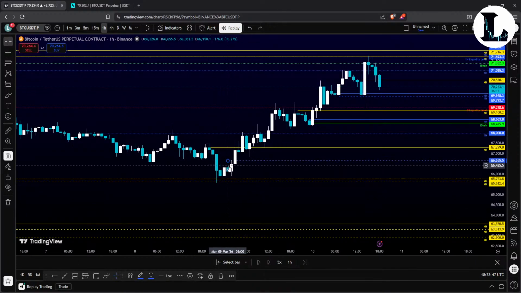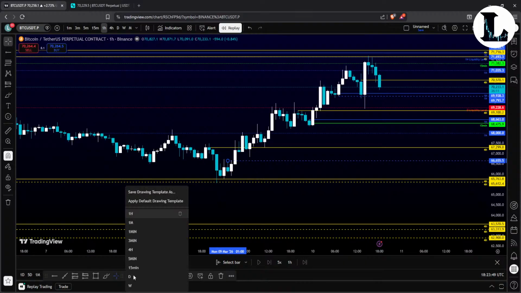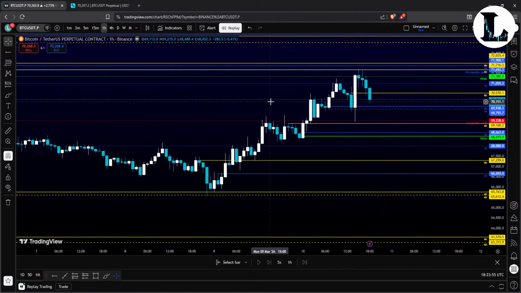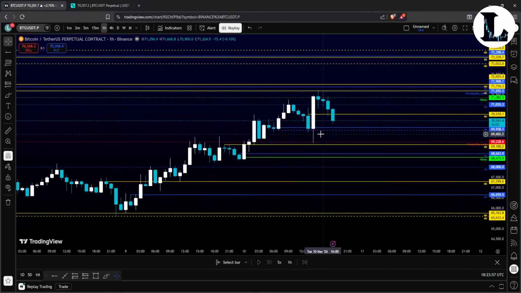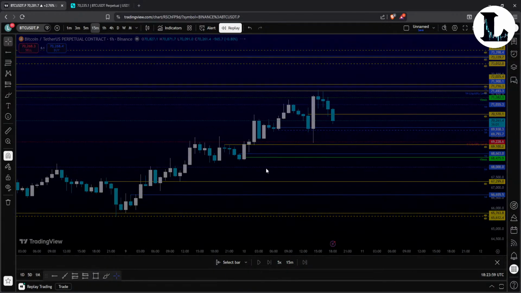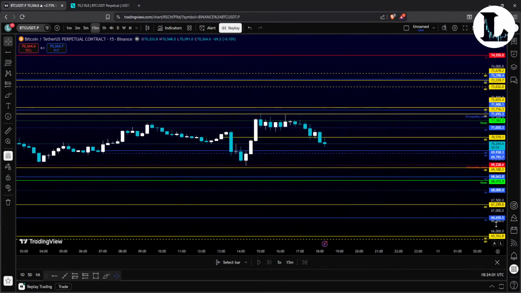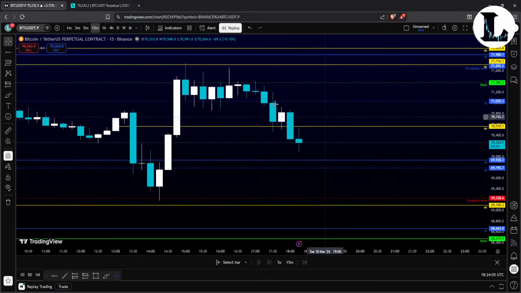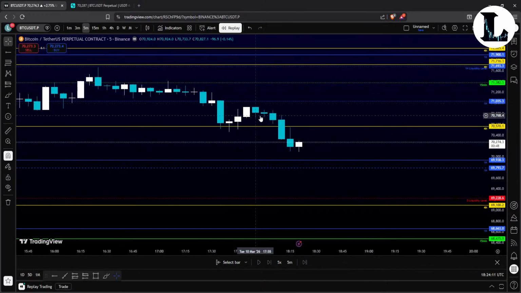So white candle, blue candle, sorry, followed by two white candles, and we break the body of that blue candle. And I think, yeah guys, it's this. Okay, it's this. And I really wanted to short that, but I don't have a confirmation. Maybe this candle here. Let me go to the 5 actually.